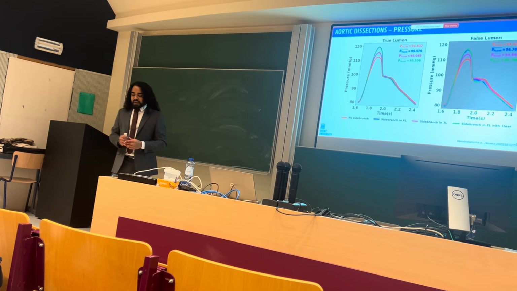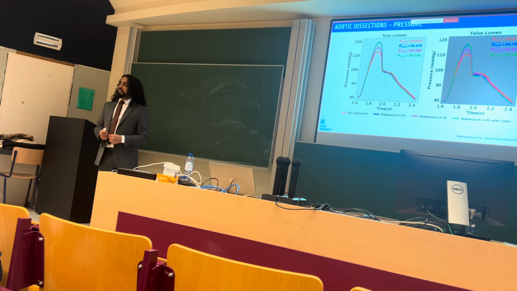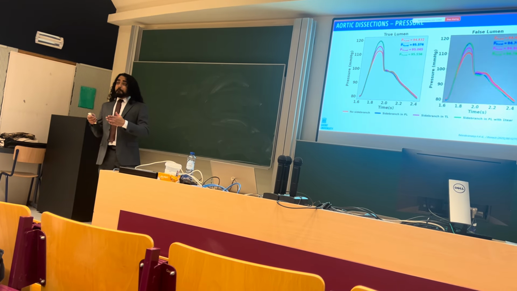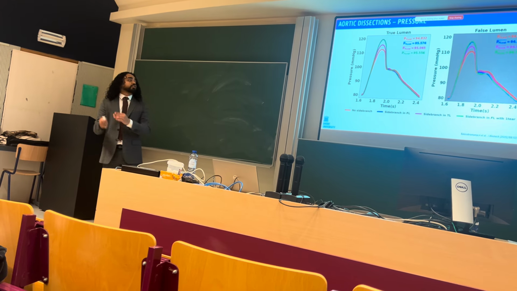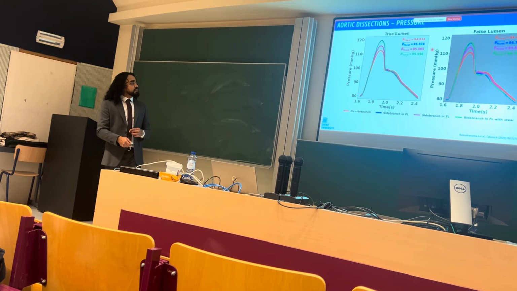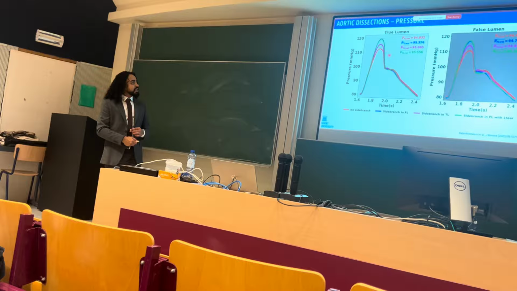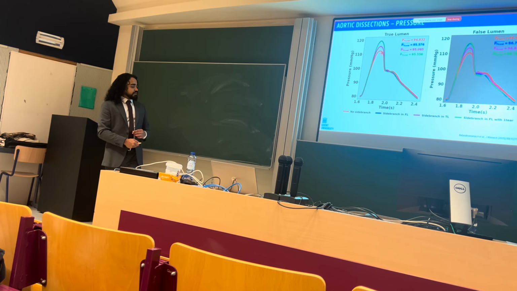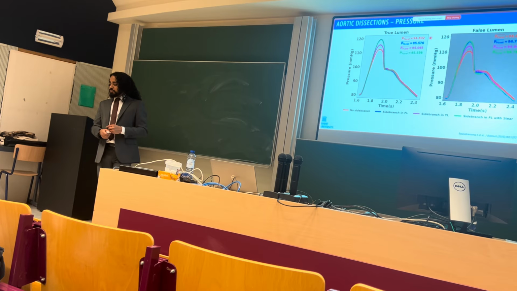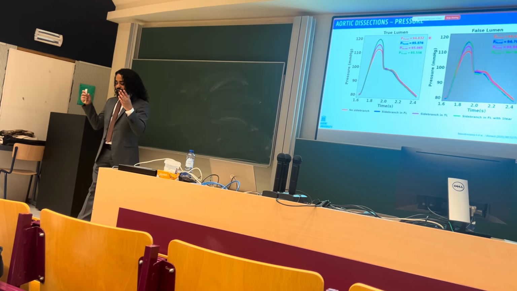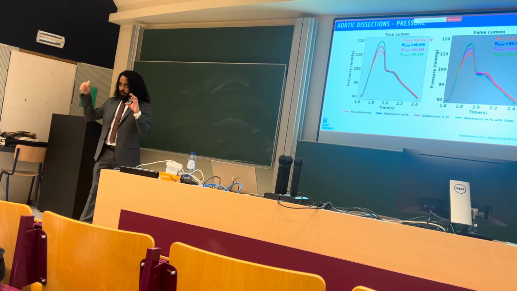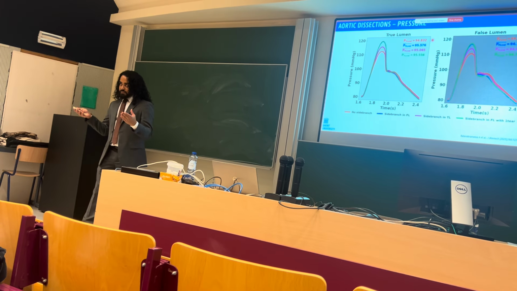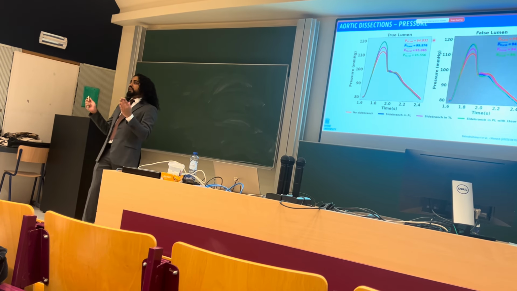However, I've just mentioned that the presence of a side branch affects the pressurization, but if you compare the pressures as such between the true and the false lumen, the one in red is the one for your no side branch. So what would you intuitively expect? If you have a tube and you poke a hole, you would expect some pressure relief.